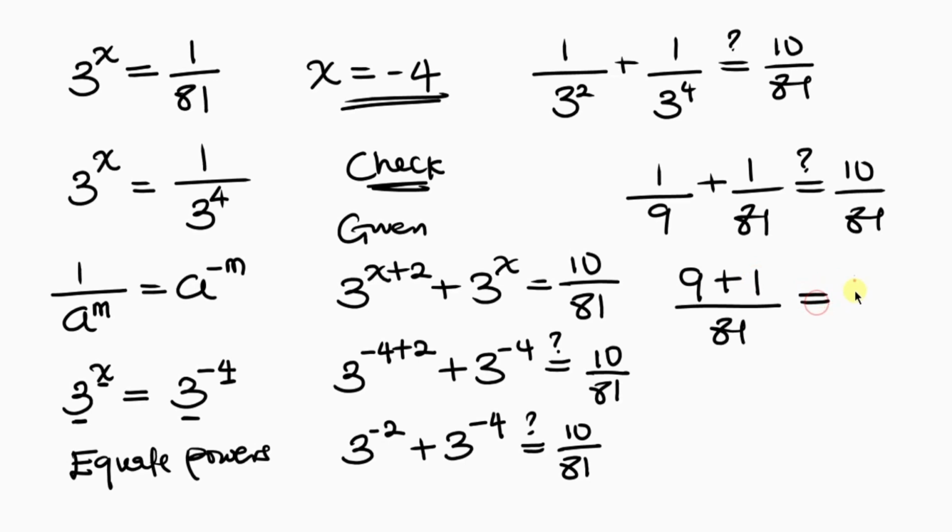Now we're trying to see if we get 10 all over 81 as a result. Now notice that 9 plus 1 is 10 all over the denominator 81, and this is eventually equal to the right hand side, which is 10 all over 81. So x equal to negative 4 is a solution.